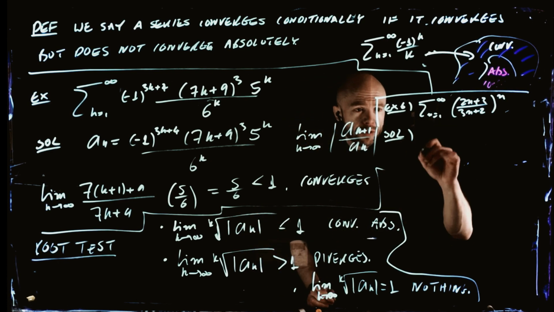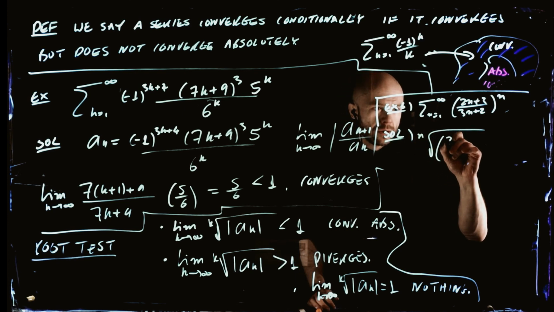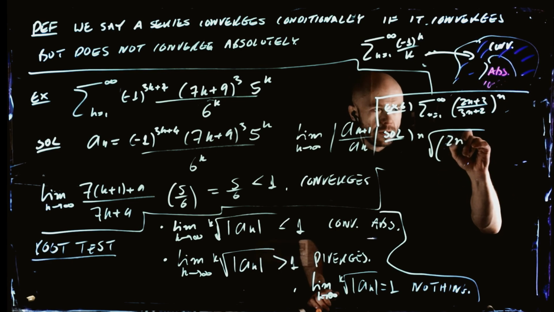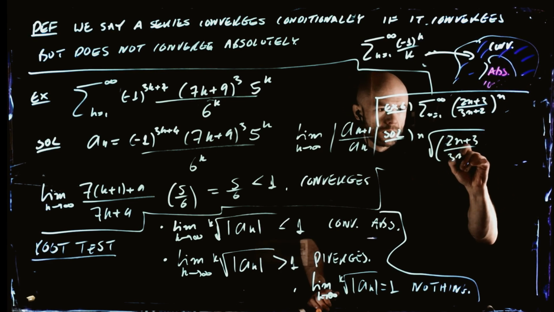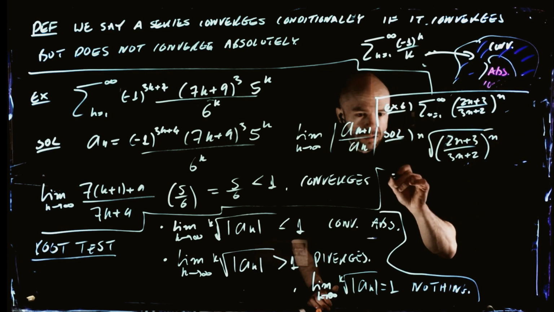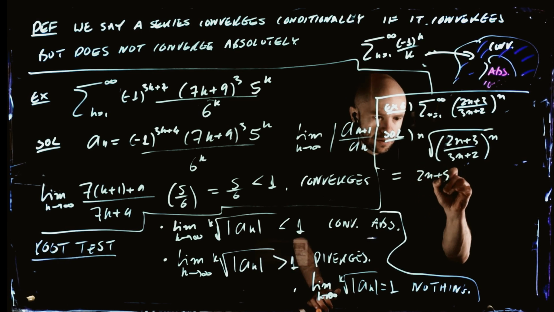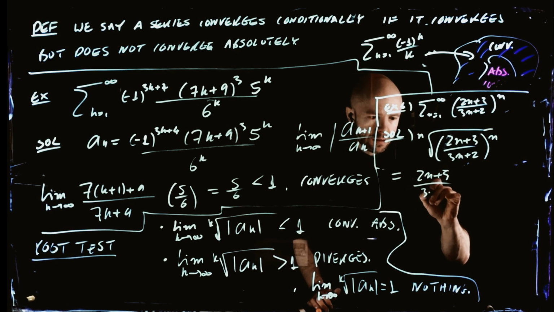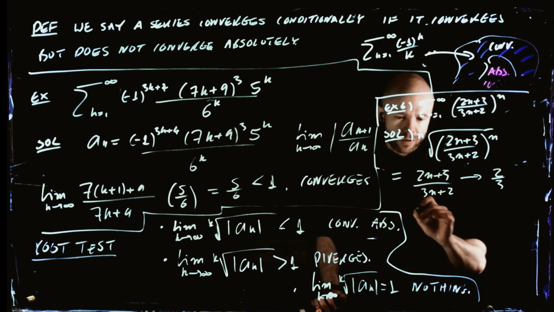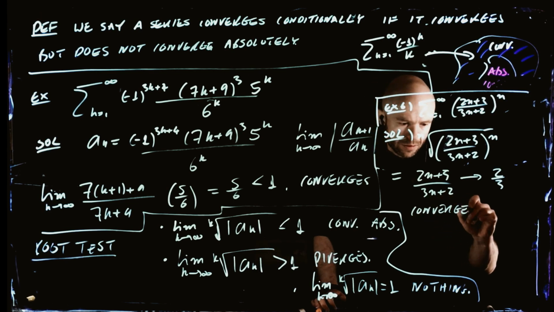If we take the nth root, then obviously these powers and roots cancel, and we just have this thing. And this thing is just going to tend to 2 over 3, so converges. Absolutely.